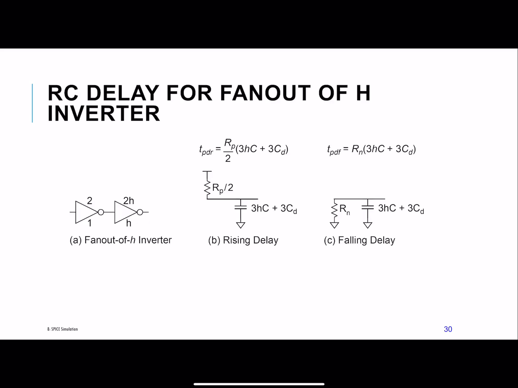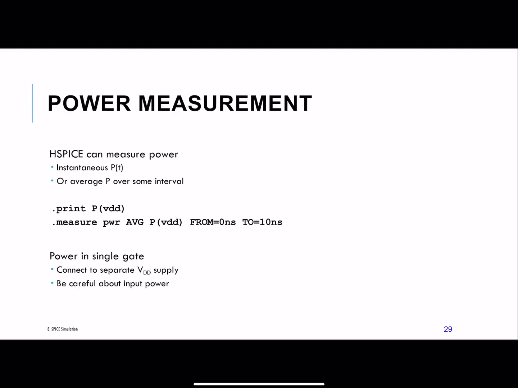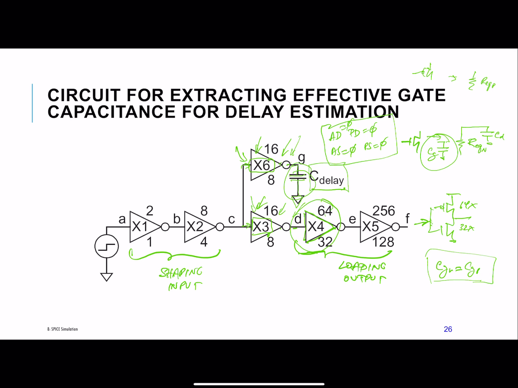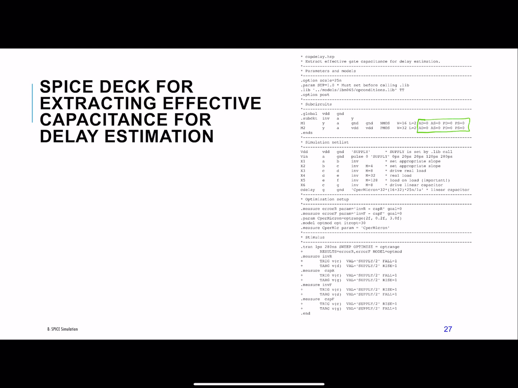So far we got our C sub G from this simulation. This is all to plug these things into our hand delay model.